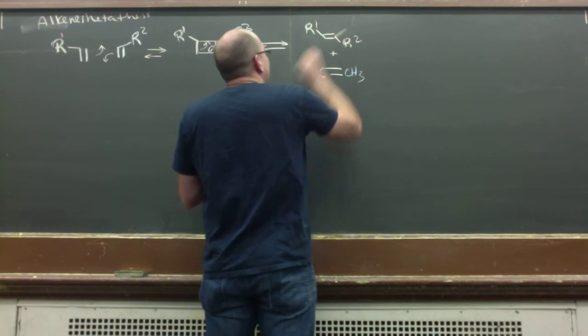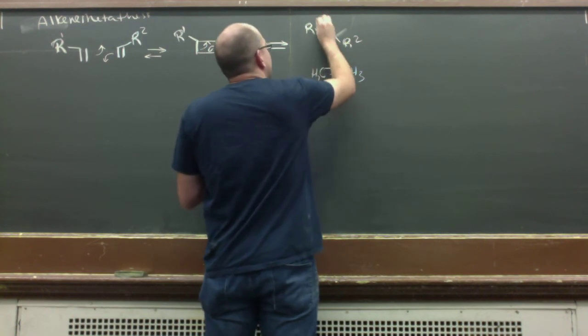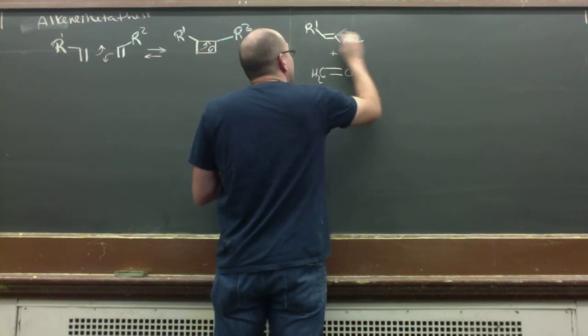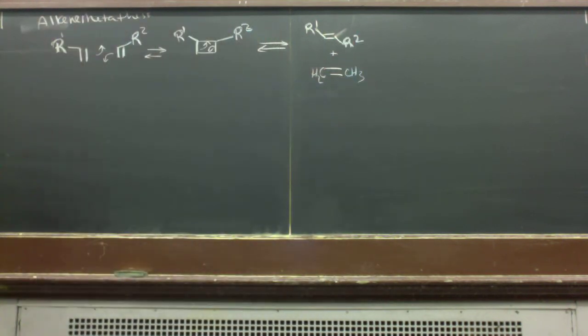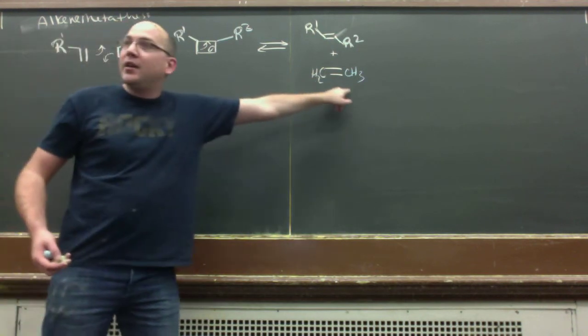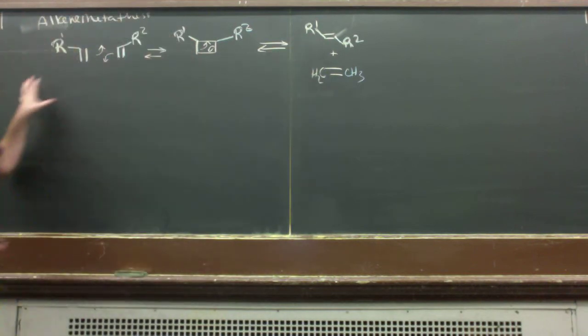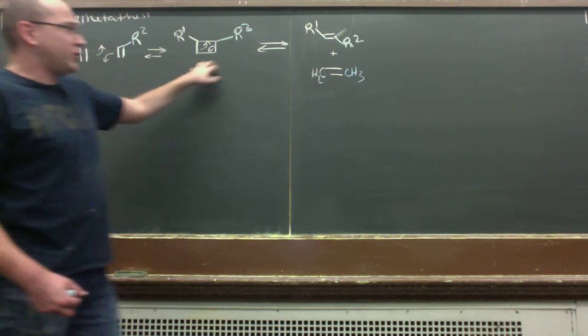So formally what the process involves is taking an alkene and rearranging the bonds in order to take two of the carbons in that alkene and make a new alkene bond, and take the other two carbons and make an alkene bond. And so again, the process, at least formally, that you would imagine is taking place is a 2 plus 2 followed by retro 2 plus 2.